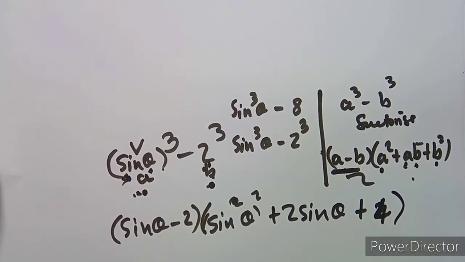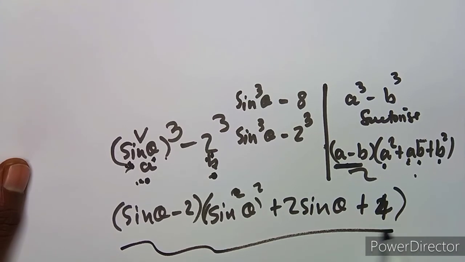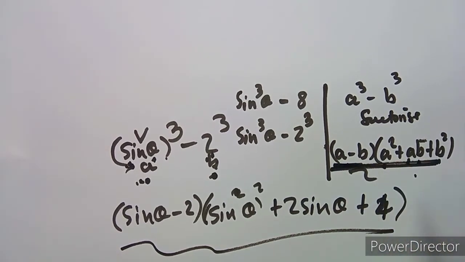So as we can see, guys, we can factorize by knowing identities. Knowing identities can help us a lot.